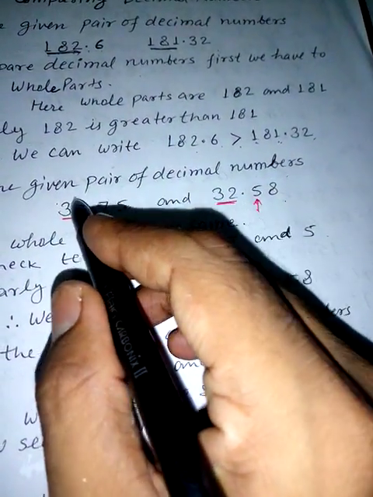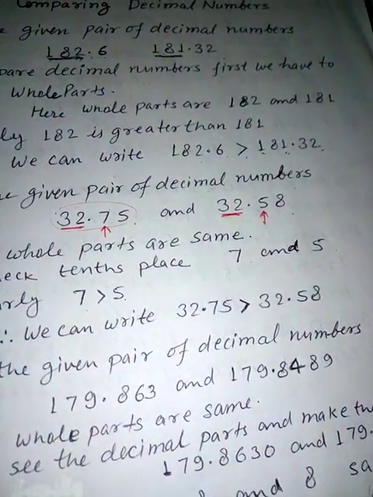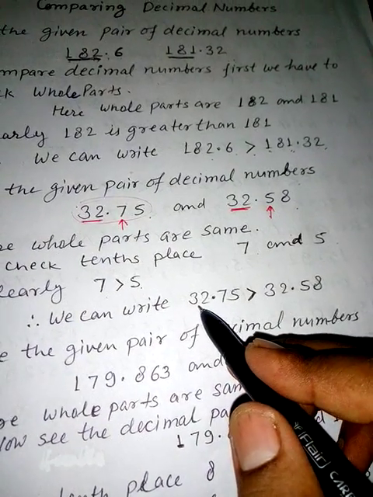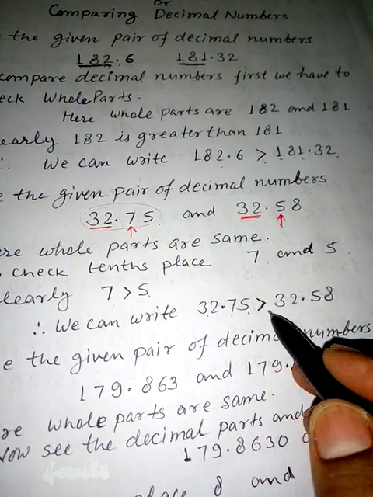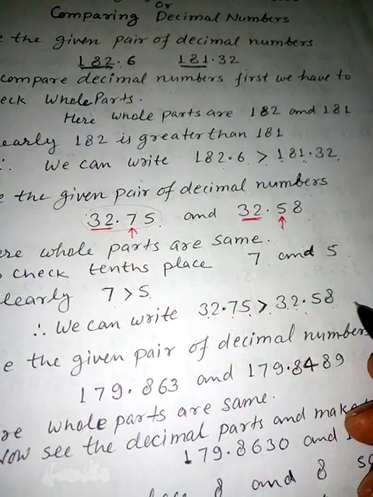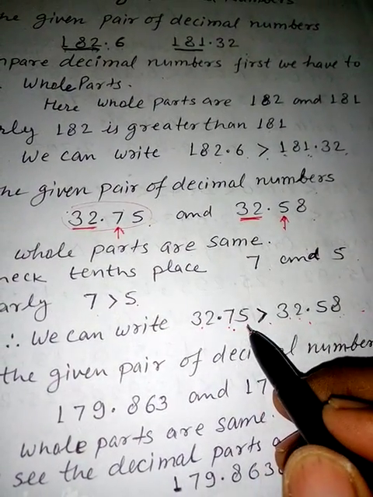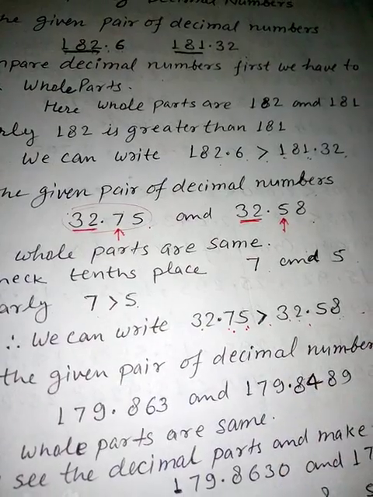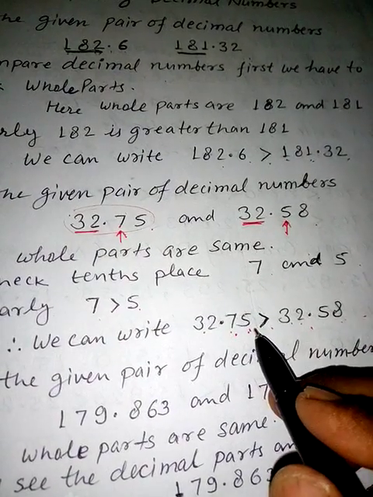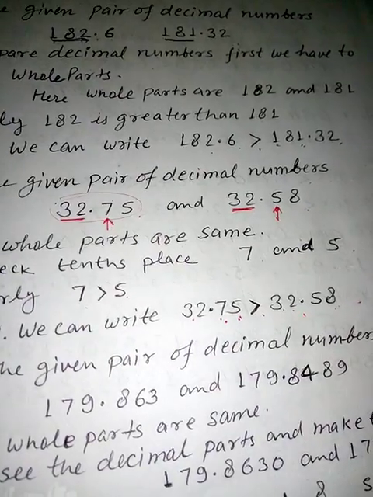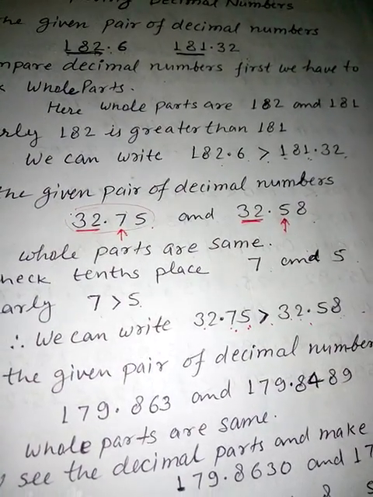So this number is greater than this number. So you can write that 32.75 is greater than 32.58. You have to check the 10th place first, and if not comparable, then you have to check further the 100th place, then the 1000th place, then the 10,000th place.